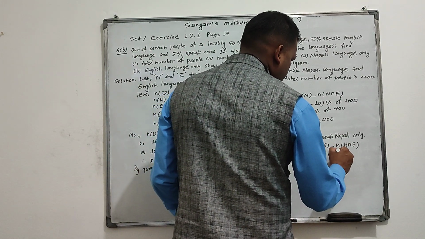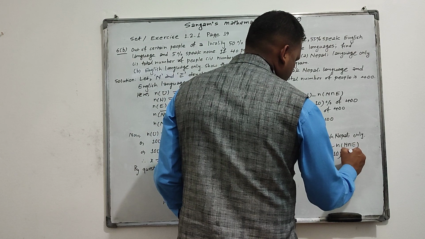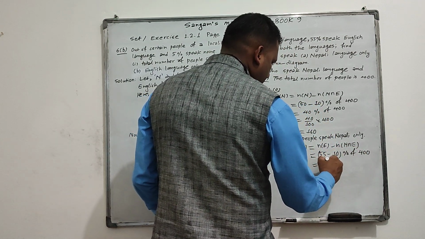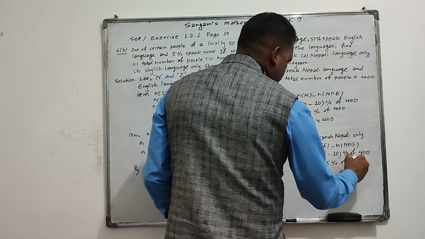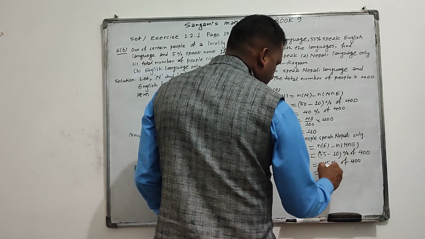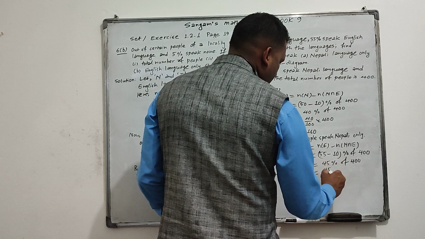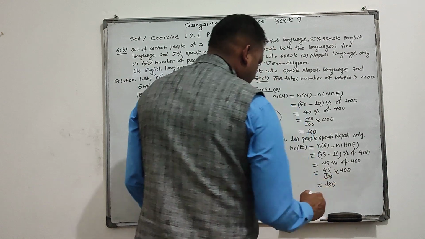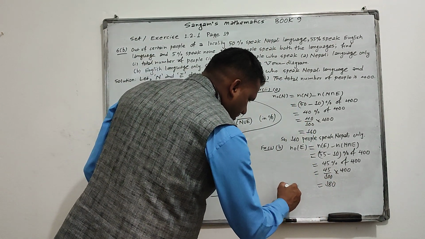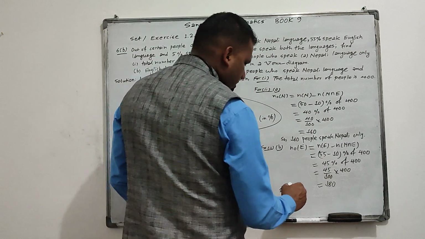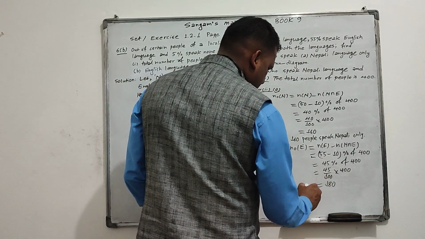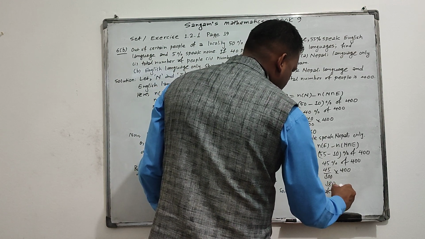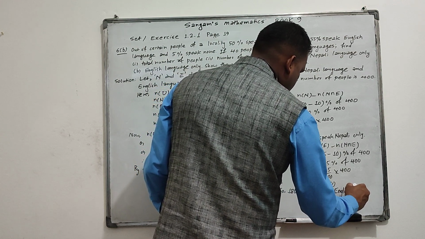So 45% of the total students 400 equals 45 by 100 times 400 equals 180. So 180 people speak English only.